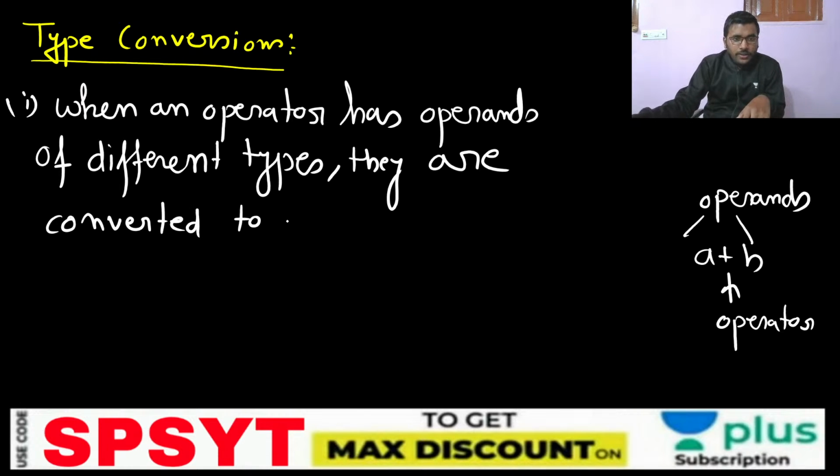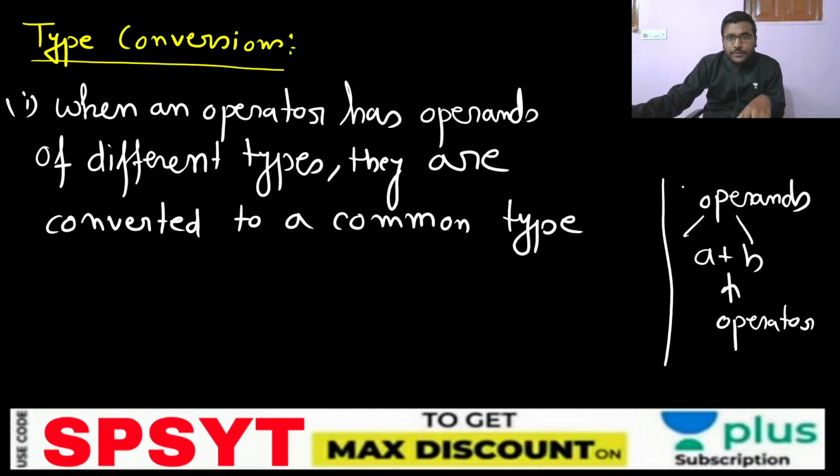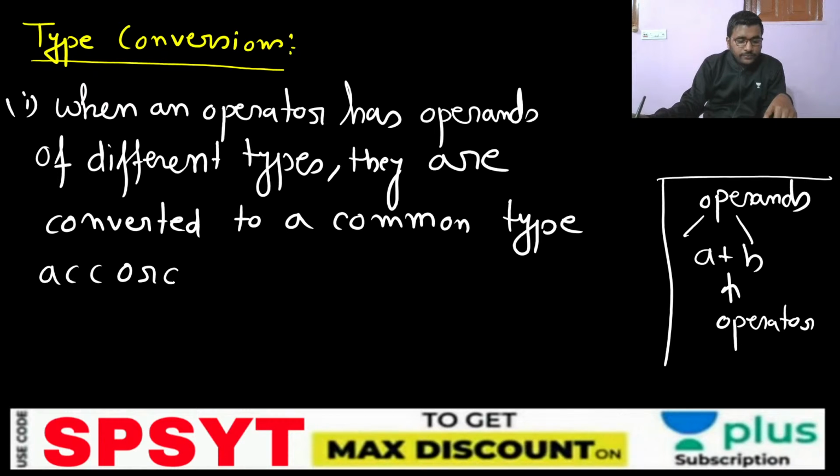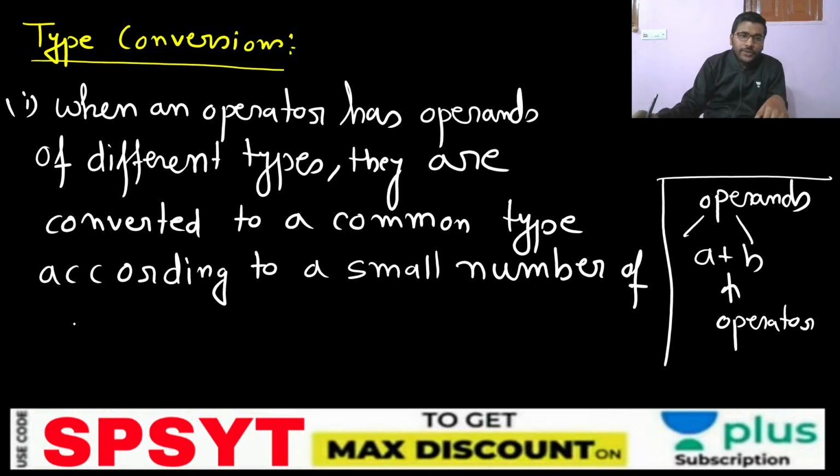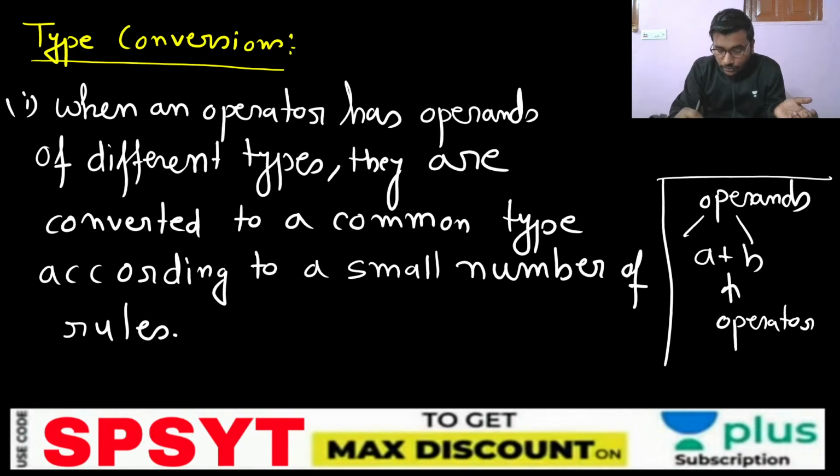They are converted to a common type according to a small number of rules. There are some rules, and according to those it will get converted. I will tell you the rules: if one operand is this and another is this, then in which type it will get converted. Okay, I will tell them.